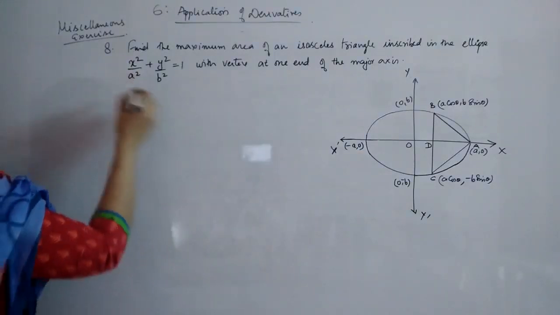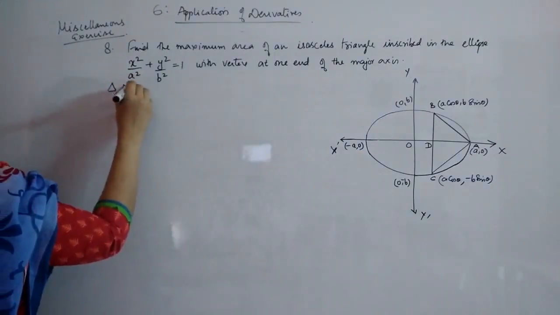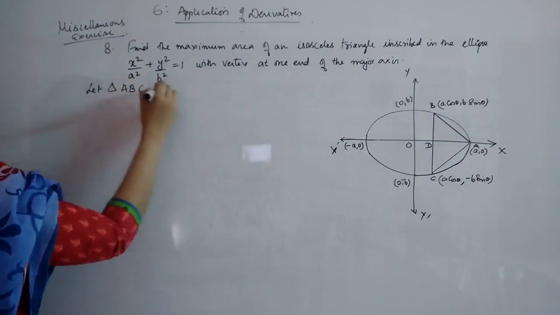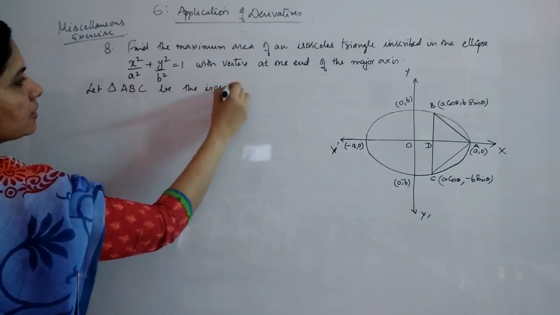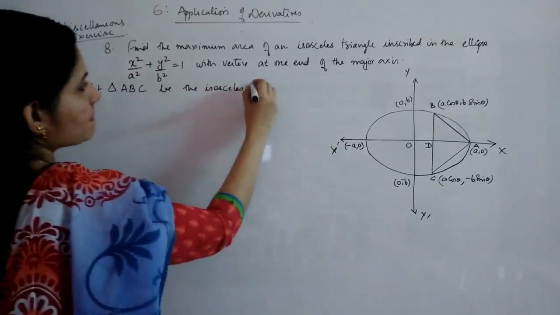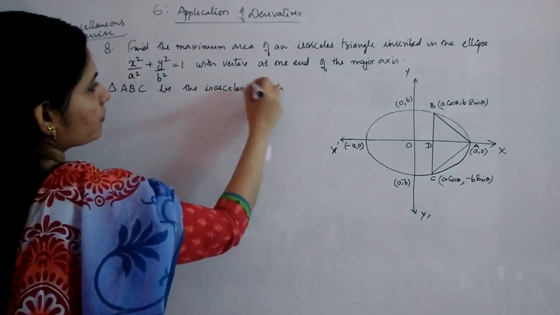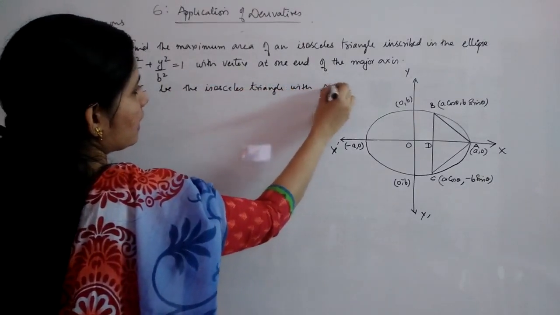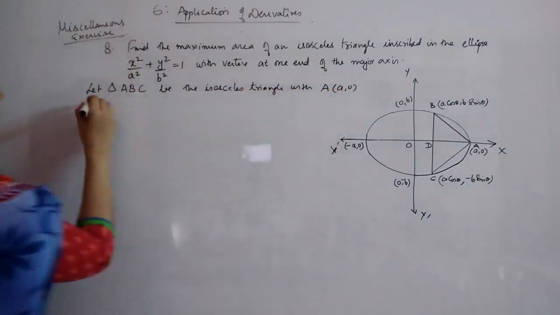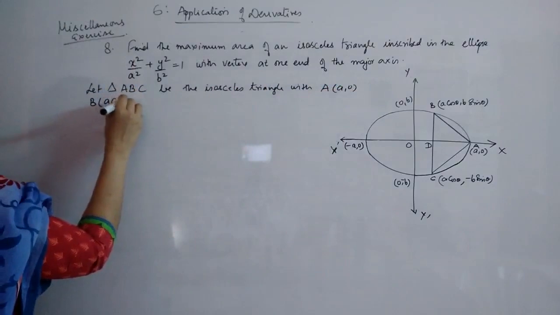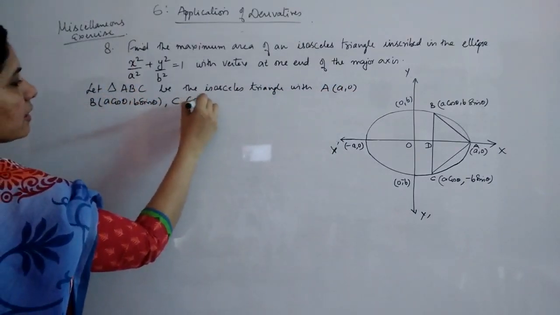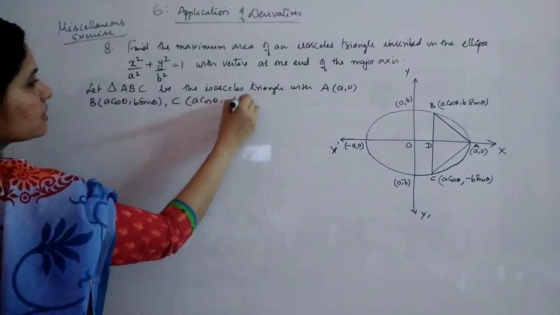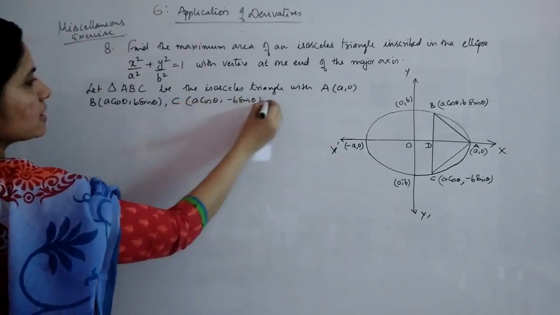We consider triangle ABC, the isosceles triangle inscribed in the ellipse with A as (a, 0), B as (a cos theta, b sin theta), and C as (a cos theta, minus b sin theta) as the vertices.